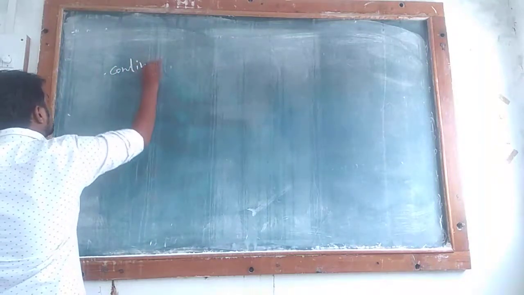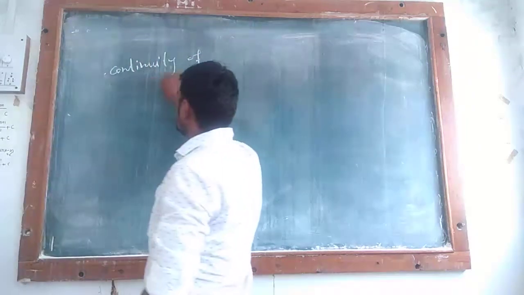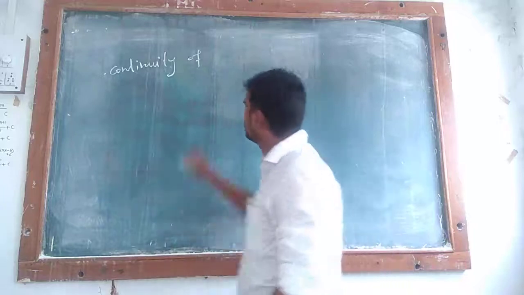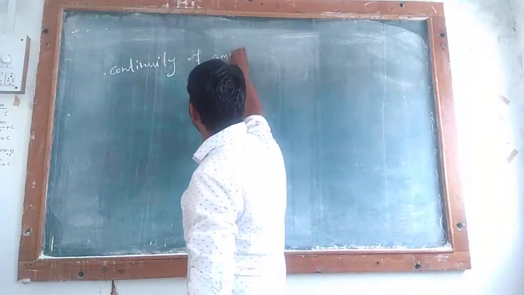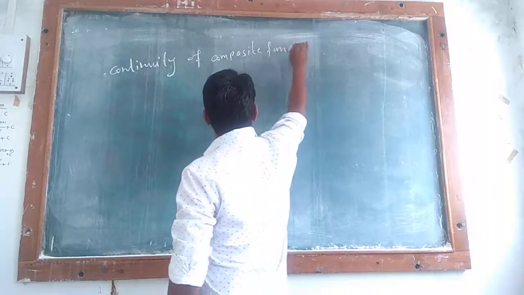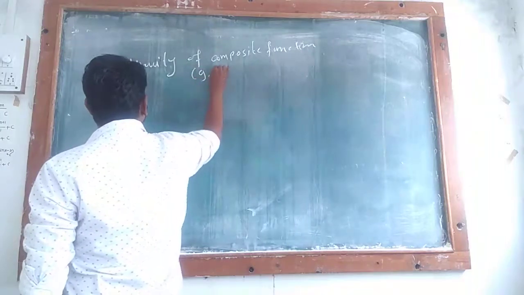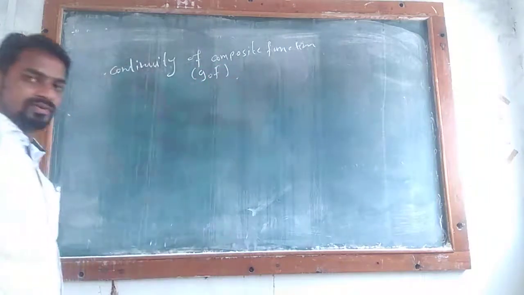Next point is the continuity of composite functions. A composite function is denoted by g composition f.